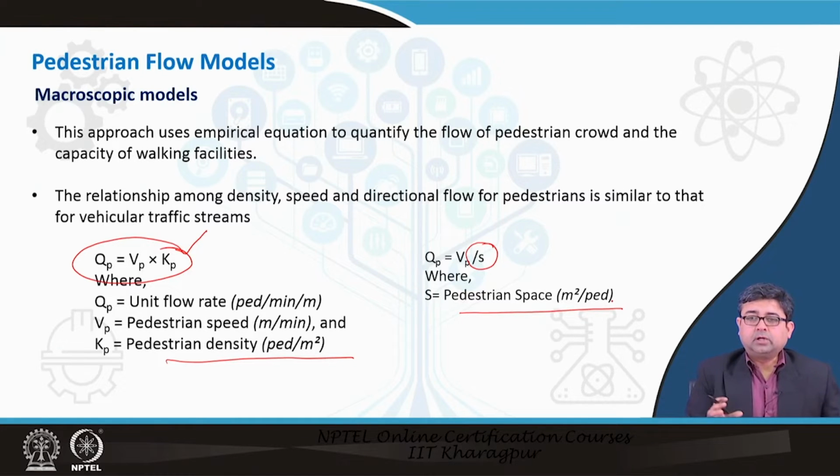So just to make it clear, how many people are there in an area per meter square is called pedestrian density, whereas how much space does one person need is called pedestrian space, right. So I need about a certain amount of area to move freely in a space. So that is called pedestrian space, meter square per pedestrian.